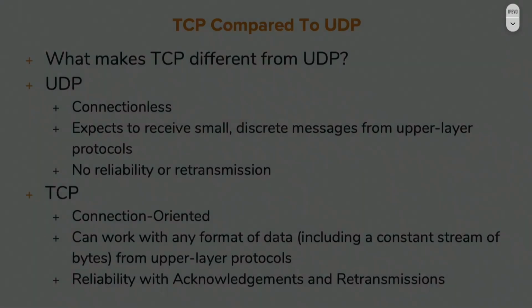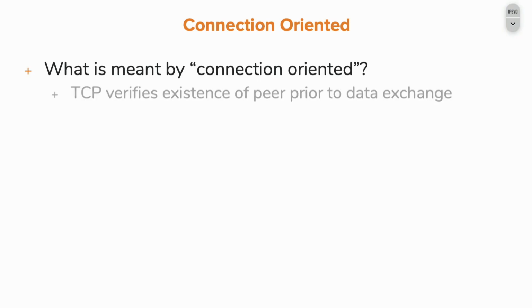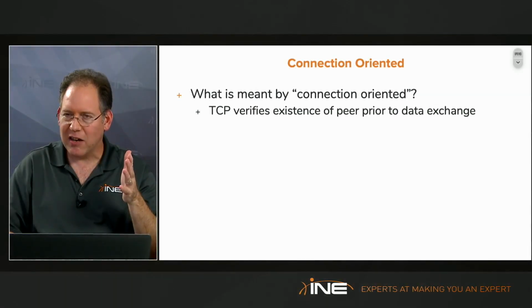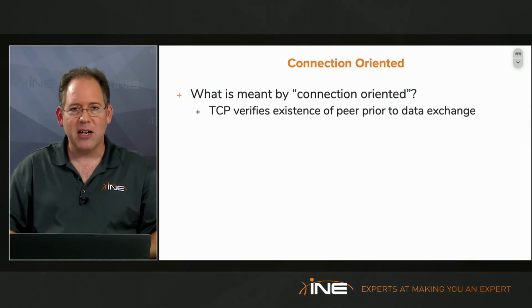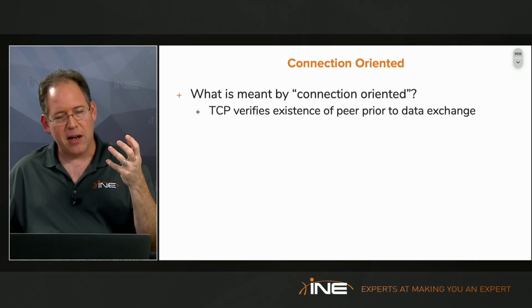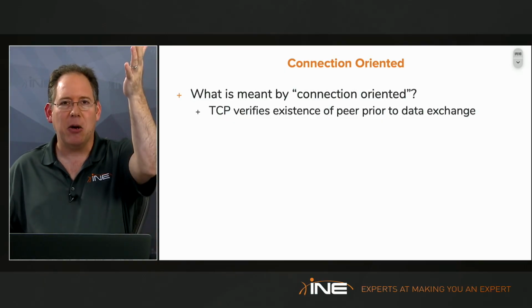Okay, so let's dig into a little bit more about what we mean by connection-oriented. What does that term mean? Well, a variety of things. Number one, TCP verifies the existence of your peer. It says, look, I'm not going to send data to that destination if I can't confirm the destination's actually alive first. UDP doesn't care about that. UDP says, give me your data, I'll send it out.